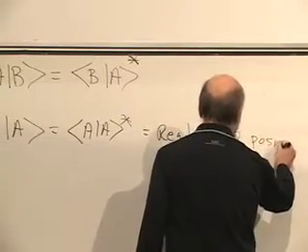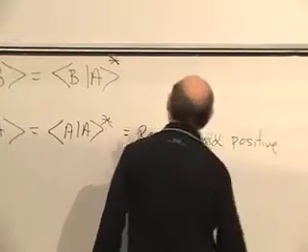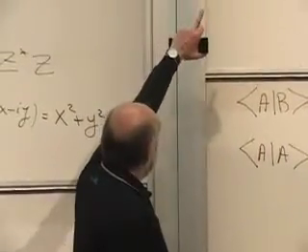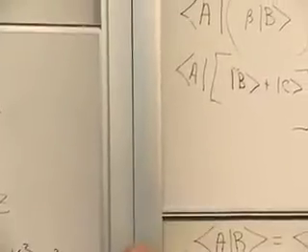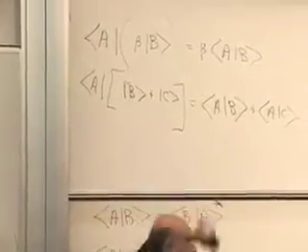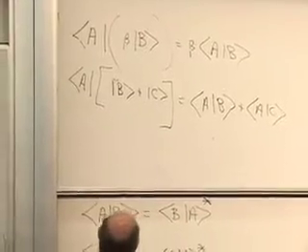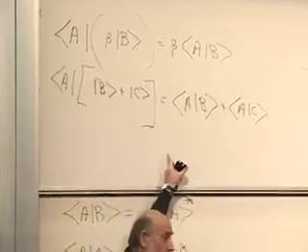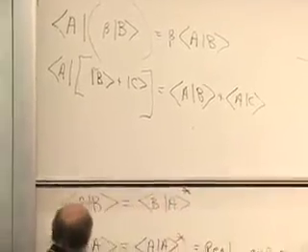This set of requirements says that when you multiply a bra vector or ket vector by a complex number, that simply multiplies the inner product by the same number. You can take inner products with sums, and you just get the sum of inner products.